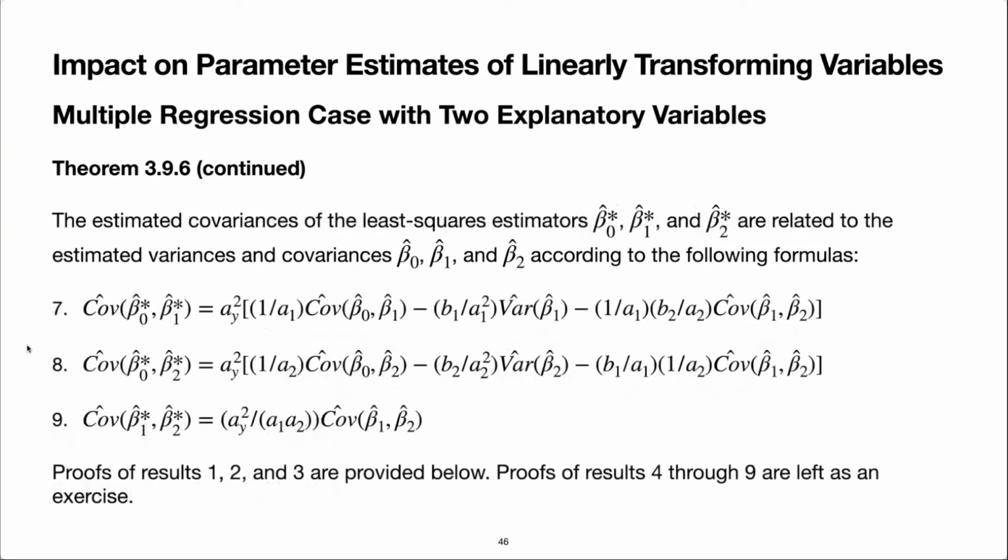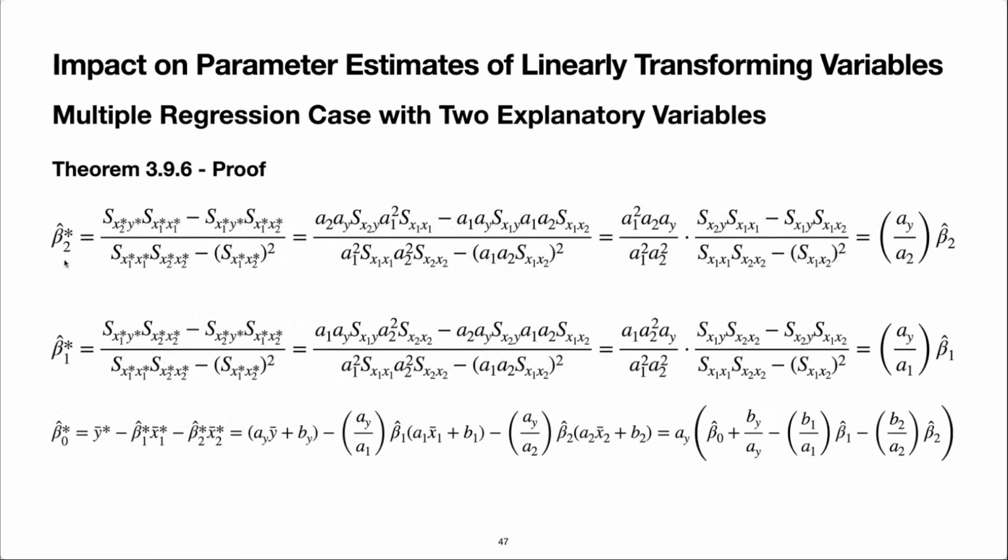On the subsequent slide, this is where we're looking at the estimated covariances. And so not only do we want to know how to calculate the least squares estimators for the model based on the transformed data, but we also need to understand some distributional properties of those estimators, and in particular, the variances and the covariances of those least squares estimators.